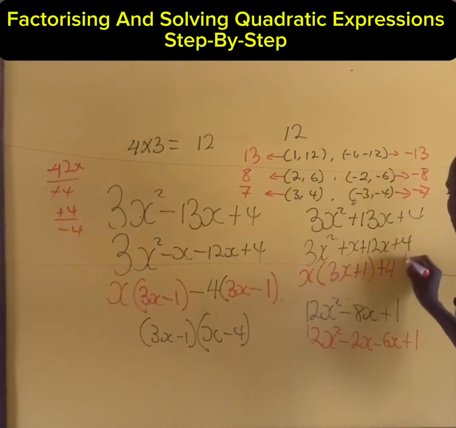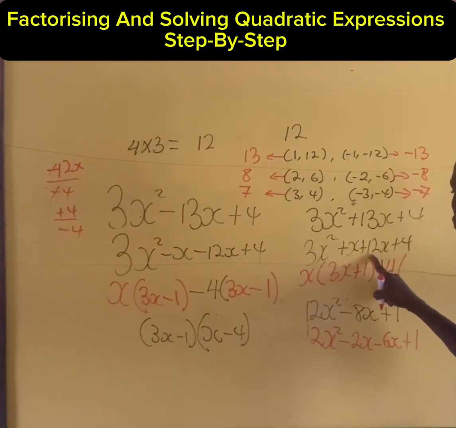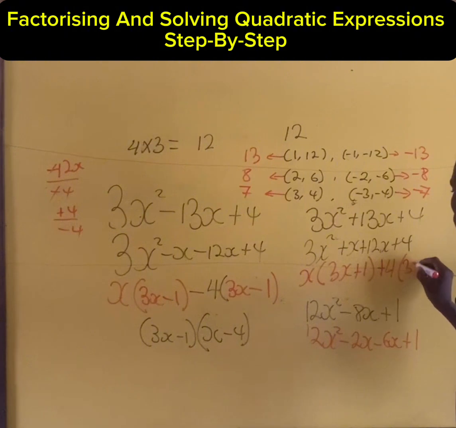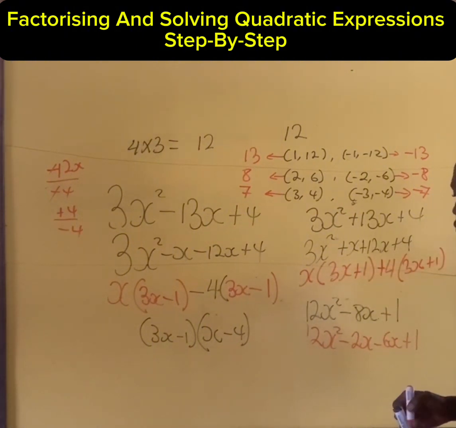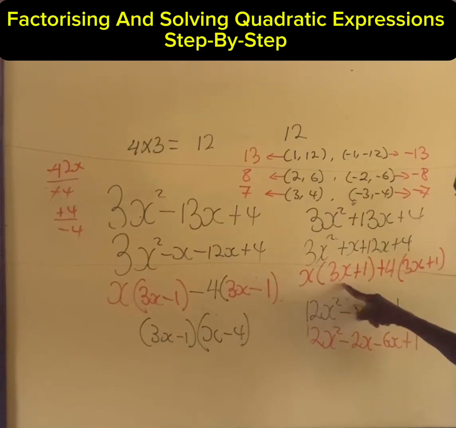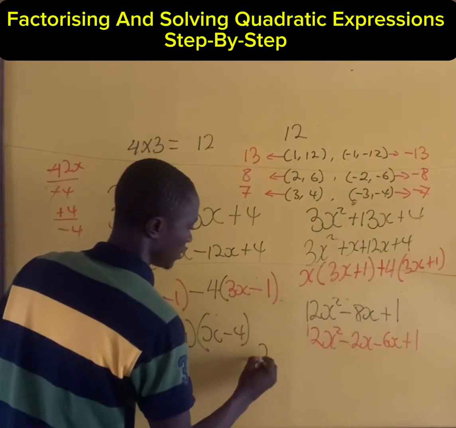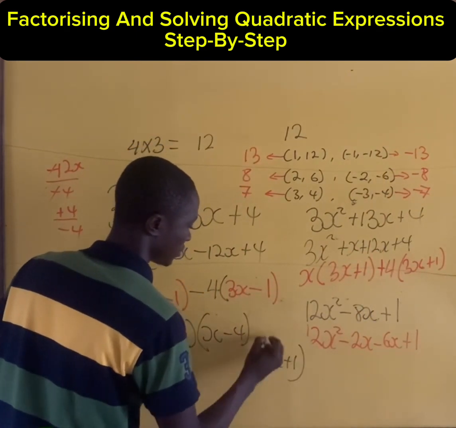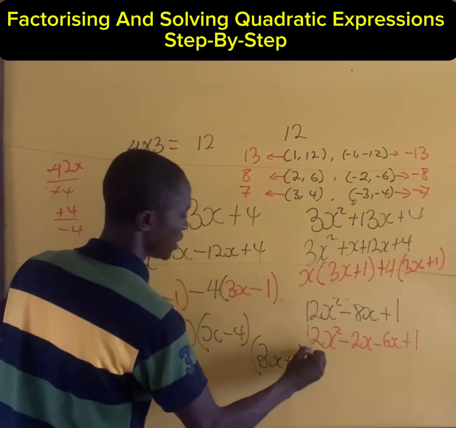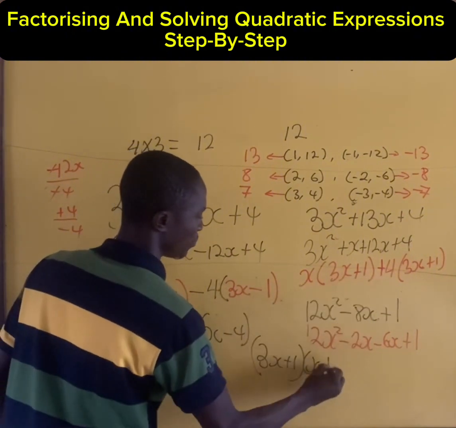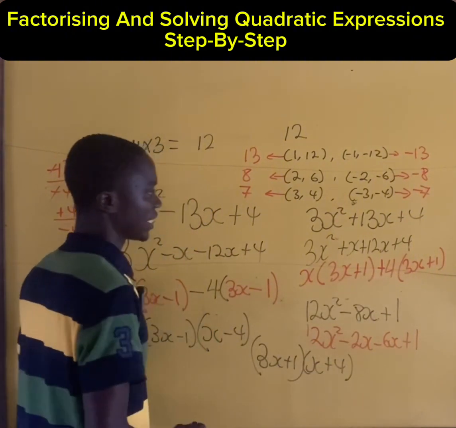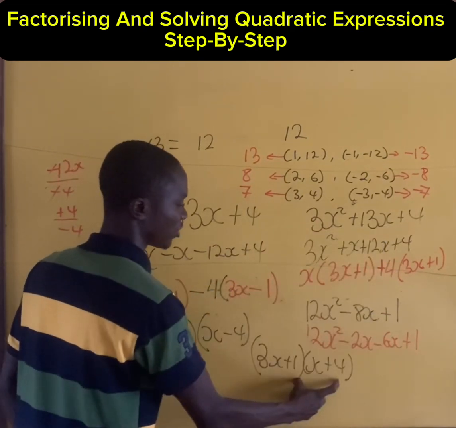Then we bring 4. 4 can divide 12, 3. Then the x will come. Then 4 will divide the 4 plus 1. So here too we can see that 3x plus 1, 3x plus 1 is common. So we bring 3x plus 1 out. Then here will remain x, and this part will remain 4. Hence, this one too has been factorized.